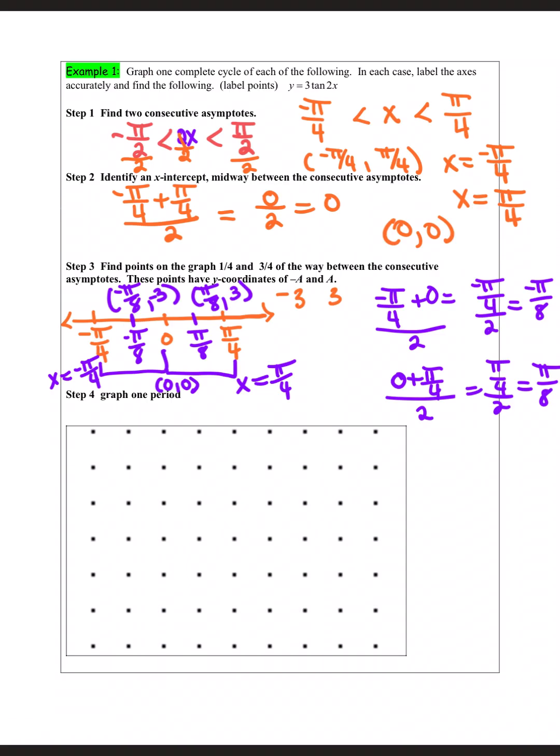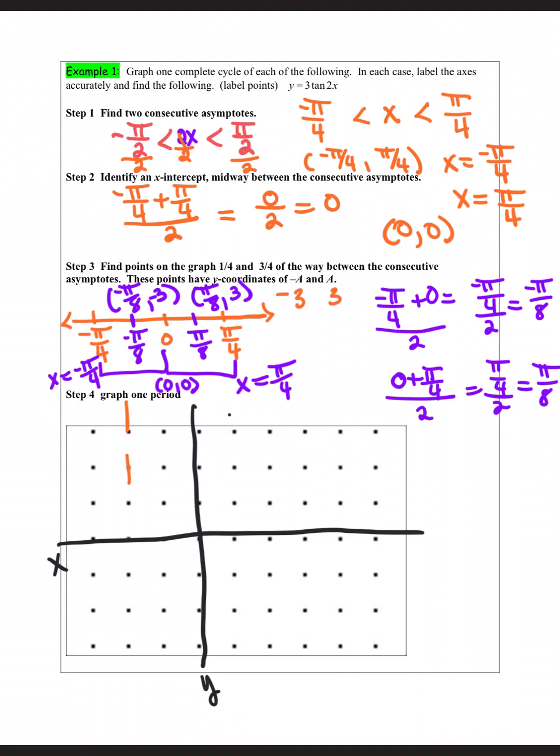So let's graph all that together. I'm going to start with my x and y axis. So I have an asymptote at x equals negative pi over 4. I'm going to label that. And at x equals pi over 4.